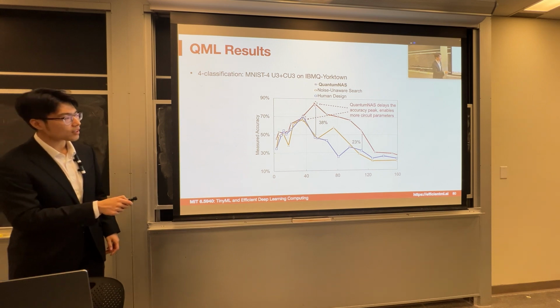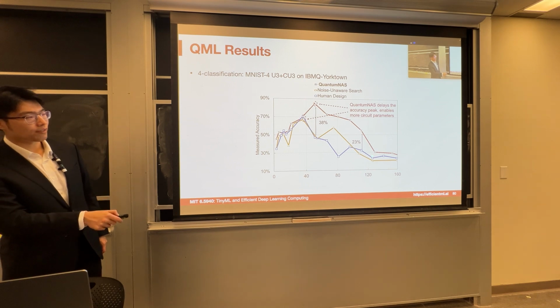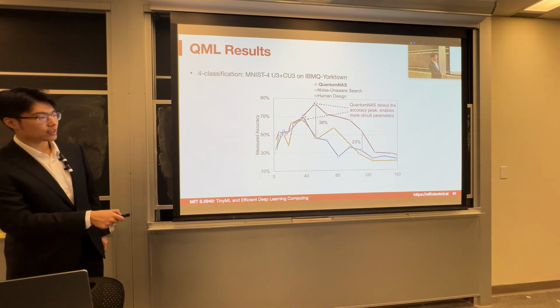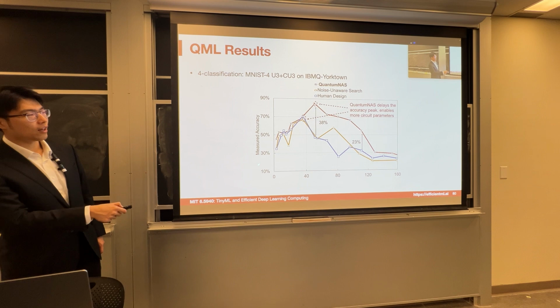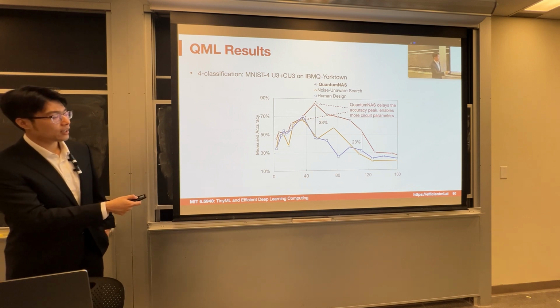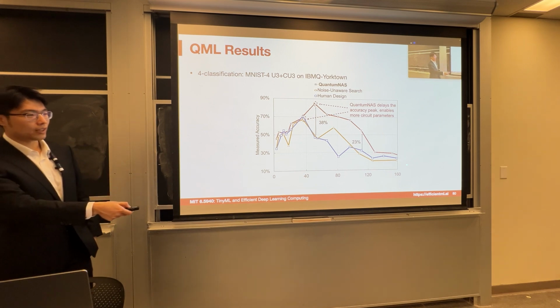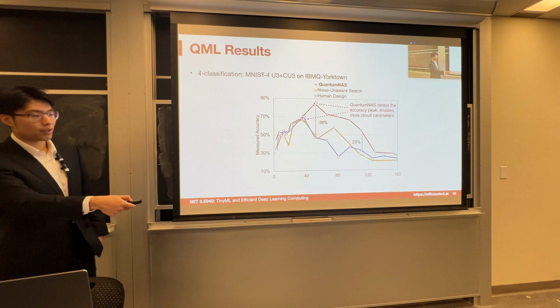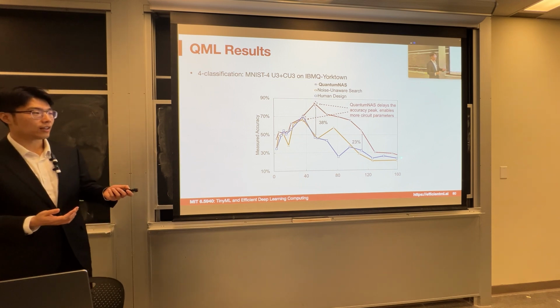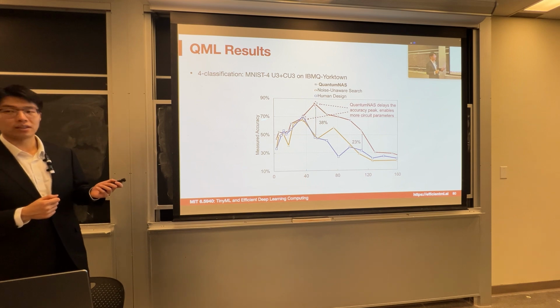First of all, a very obvious trend that we observe here is that when we increase the size of the circuit, we first observe an increase of performance because of a larger learning capacity, and then after we further increase to a much larger number of gates, because of the noise, we cannot get any benefits because noise will neutralize the larger learning capacity.